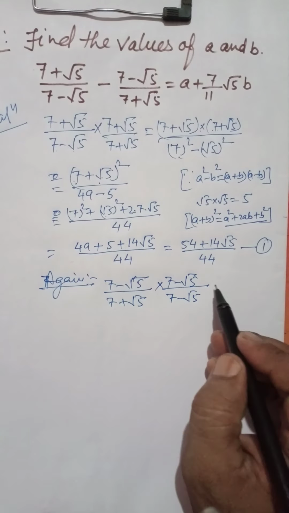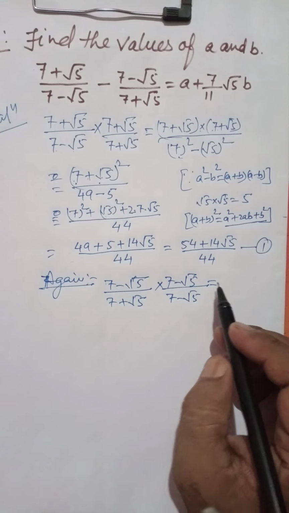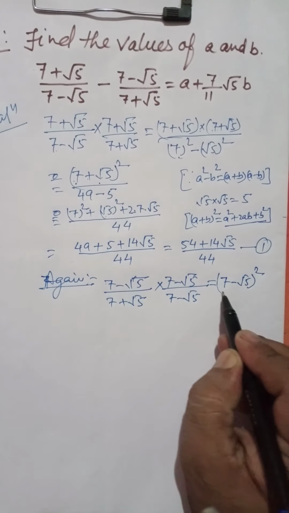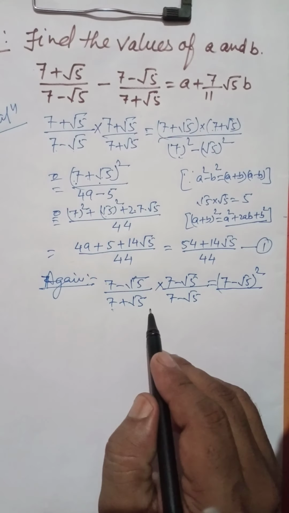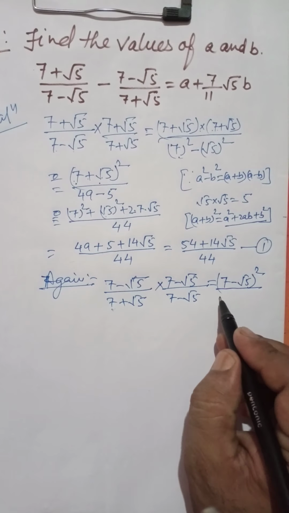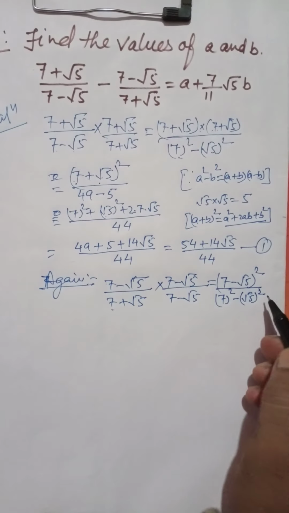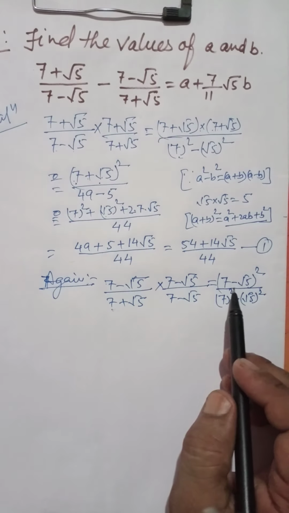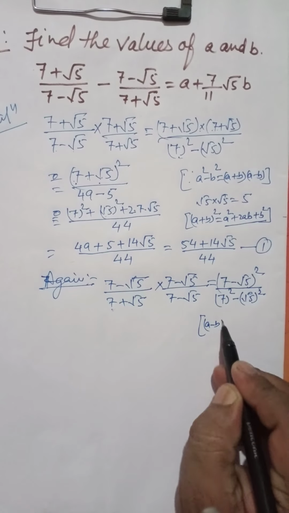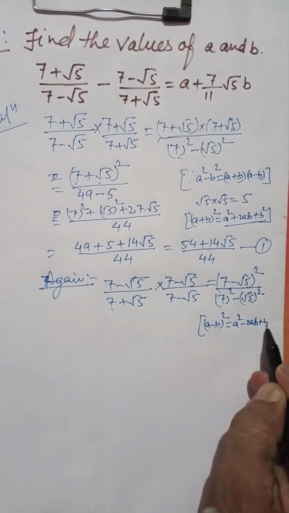Now 7 minus root 5 multiplied by 7 minus root 5 is twice, so it becomes 7 minus root 5 whole square upon (a plus b)(a minus b) equals a square minus b square. So it can be 7 square minus root 5 whole square. Now we will expand 7 minus root 5 using the identity (a minus b) whole square, which equals a square minus 2ab plus b square.